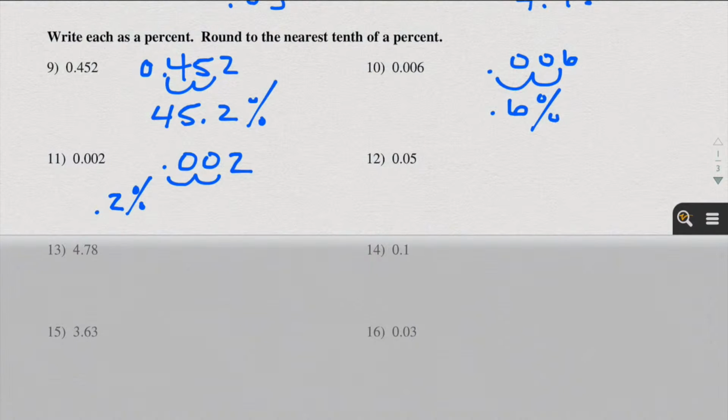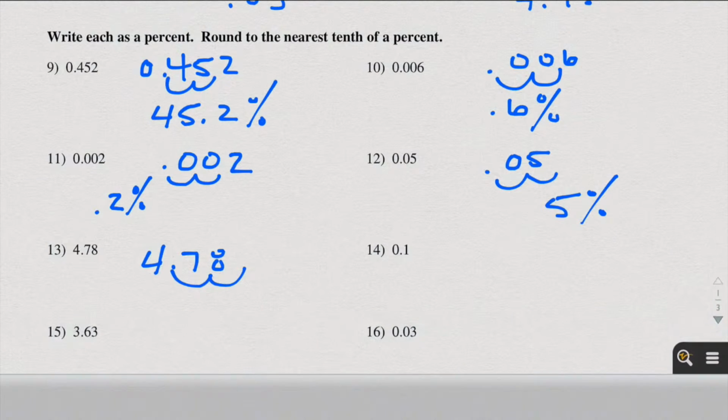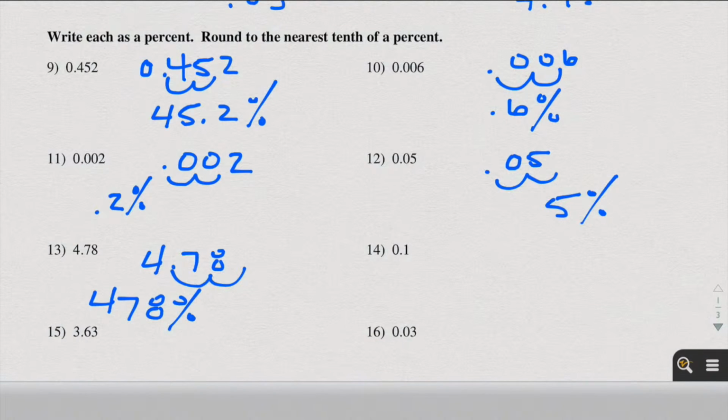Number 12, we have 0.05, move the decimal over 1, 2, we end up getting 5%. Number 13, 4.78, move the decimal over 1, 2, we end up getting 478%.